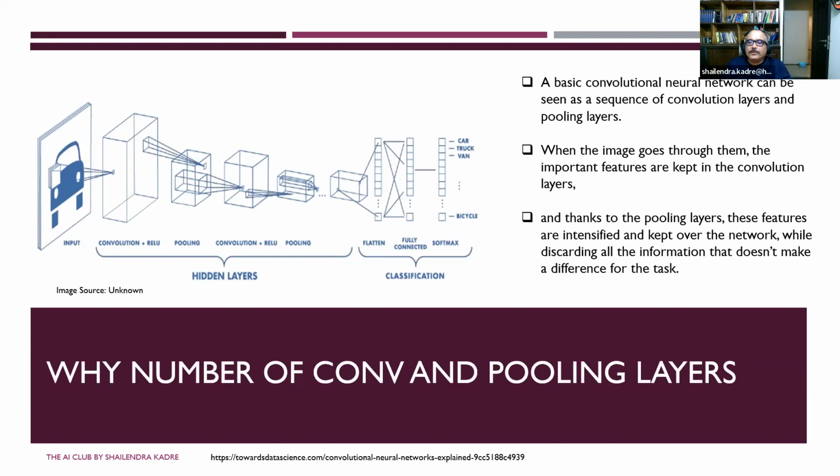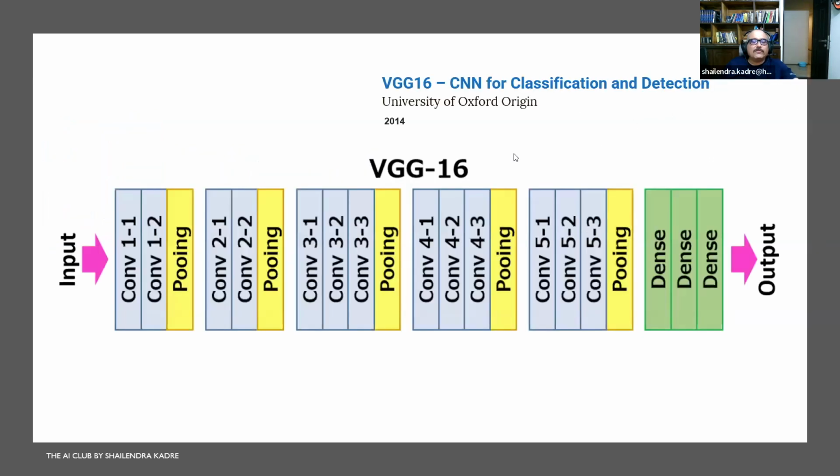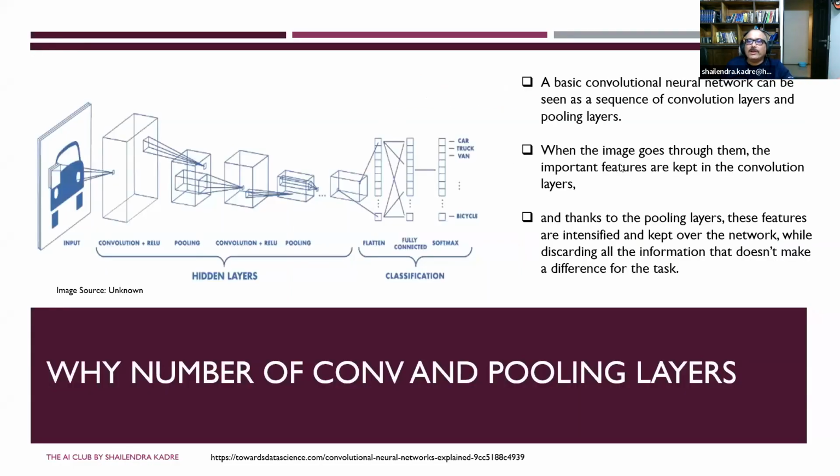Convolution layers, pooling layers. So why did we take this number of convolution and pooling layers? A basic convolutional neural network can be seen as a sequence of convolution layers and pooling layers. So that's what we see here, right? A sequence of convolution and pooling. When an image goes through them, important features are kept in the convolution layers.